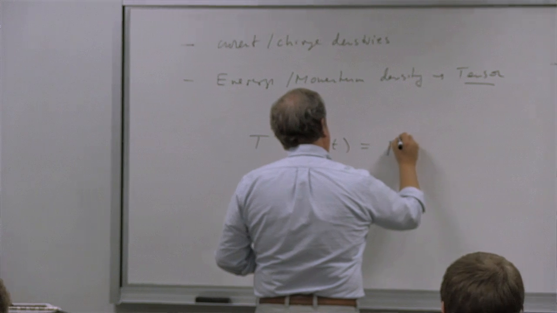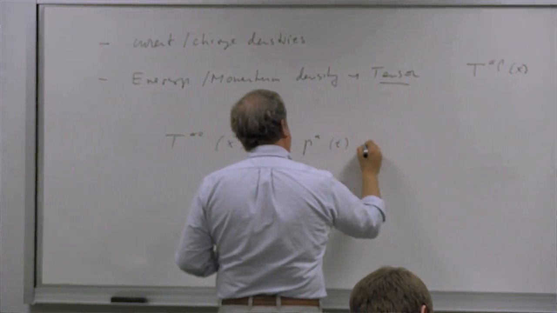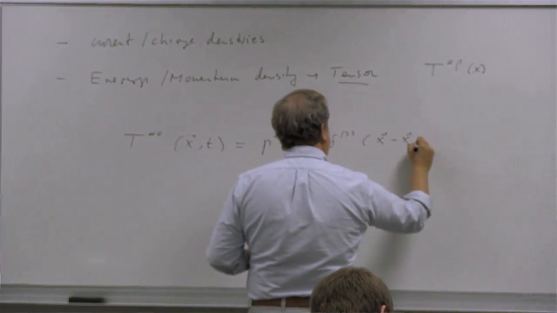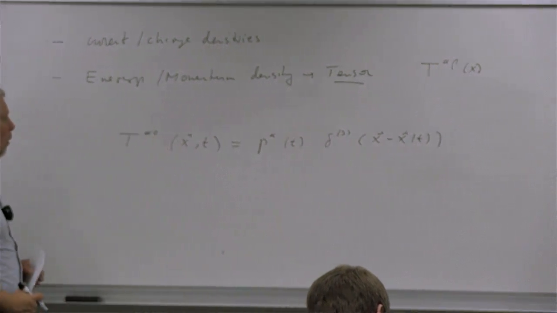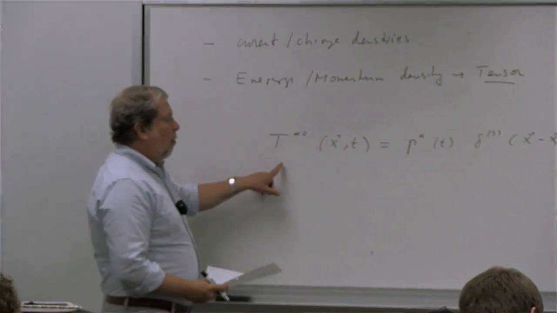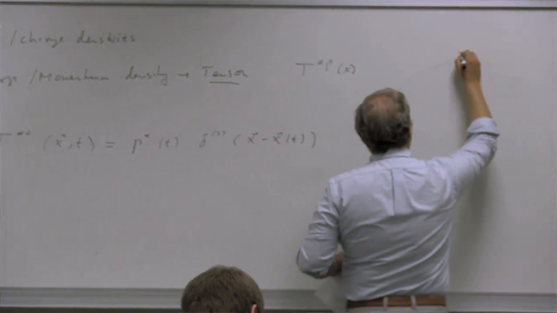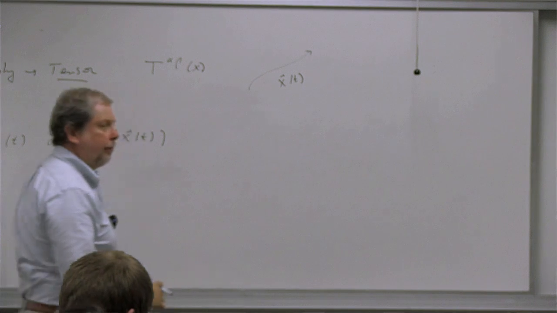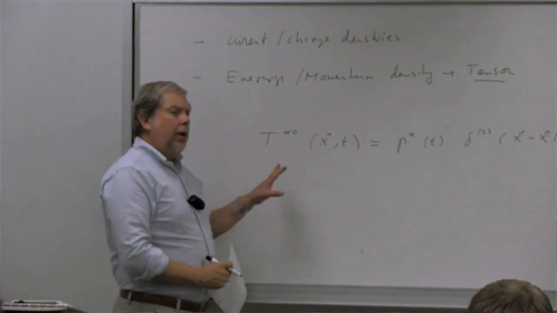Because it will first be a P alpha of t, right? And a delta 3 of x minus x of t. Right, and that is the naught component, and again, we're considering the trajectory of a particle, right? And so it will be described by some x of t. And so this is what the naught component will look like.